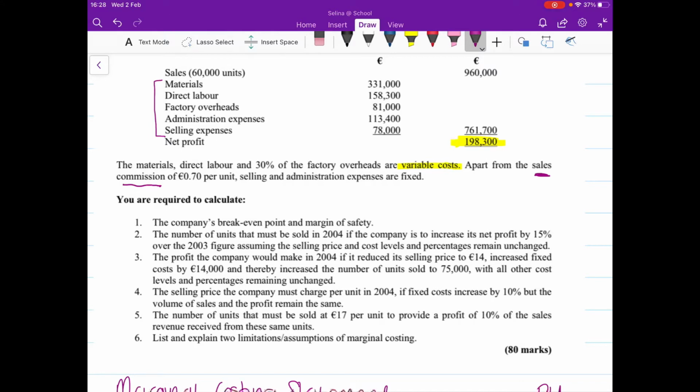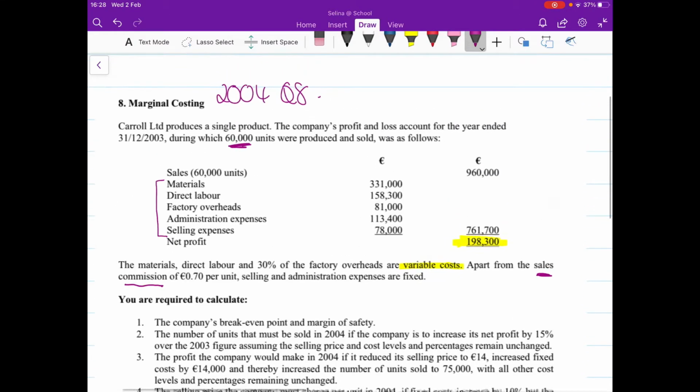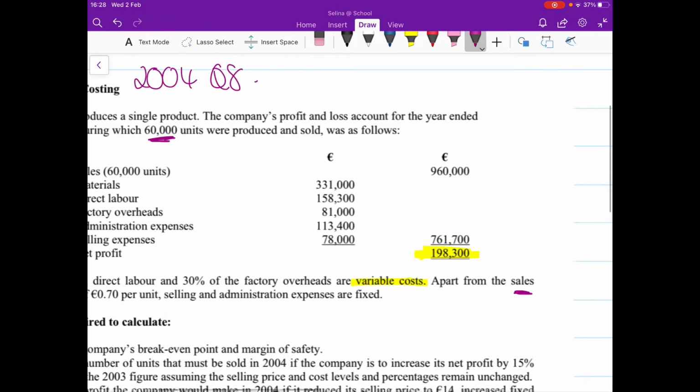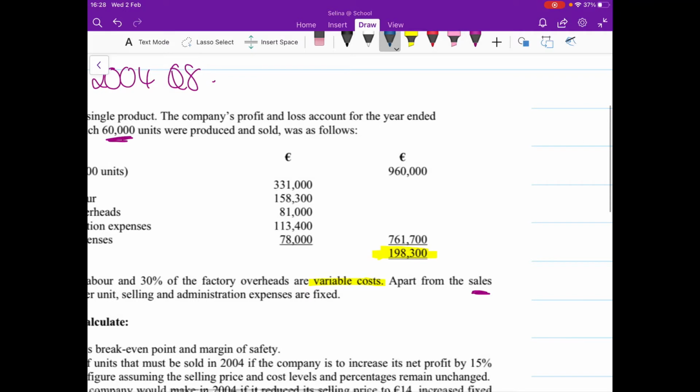So before we can actually do any of the parts of the question, we basically have to rearrange this information here into a marginal costing statement. So the format of a marginal costing statement is this: sales minus your variable costs will give you what's called your contribution. Contribution minus your fixed costs will give you your profit.